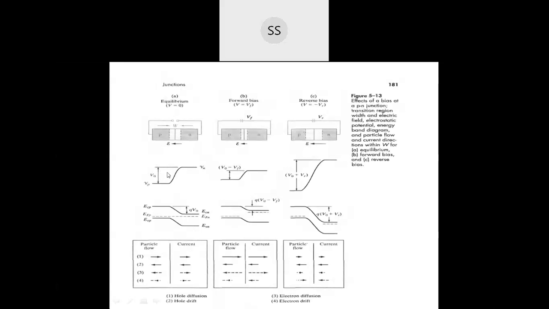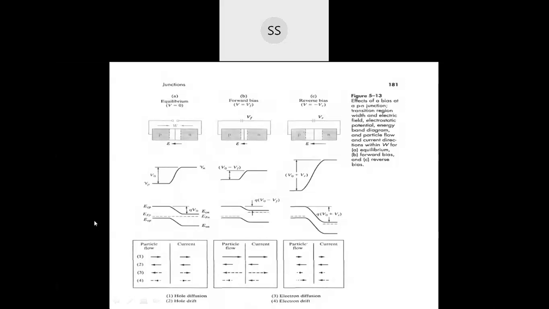So there is no sweeping of carriers across the junction. And this can happen only when they are biased. So the net current crossing the junction at equilibrium condition will be 0, because the drift and diffusion components cancel each other.